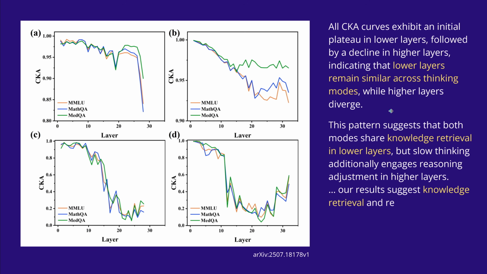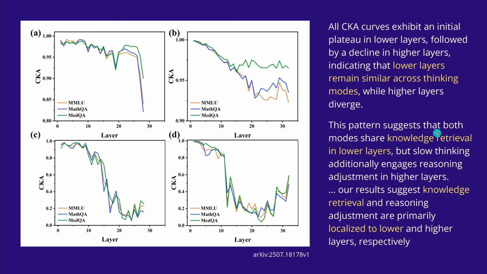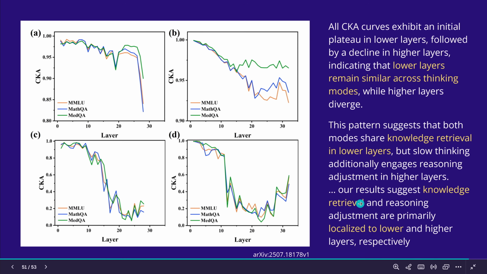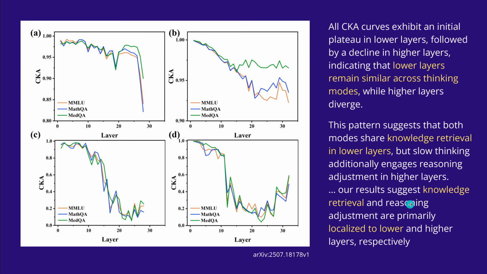And they say, yeah, this suggests that both modes share the knowledge retrieval in the lower layers, but the slow thinking additionally engages a reasoning adjustment in the higher layers, and this is why we see suddenly that our CKA parameter goes down. The similarity measure is reduced significantly. So they say our results suggest the knowledge retrieval and the reasoning adjustment are primarily localized to the lower and the higher layers. So knowledge retrieval, lower layers; reasoning adjustment, the higher layers only.